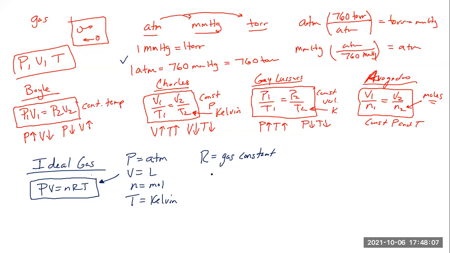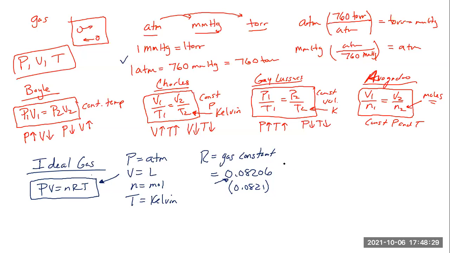And the value of R that we typically use is 0.08206. Sometimes people will round this to 0.0821. You can use either of these numbers. I think I might have mentioned last time, I personally usually use the top number because that's just what I learned back in the day.